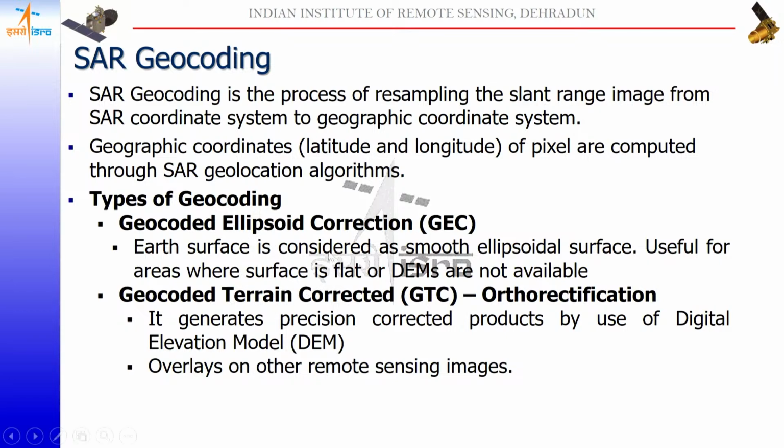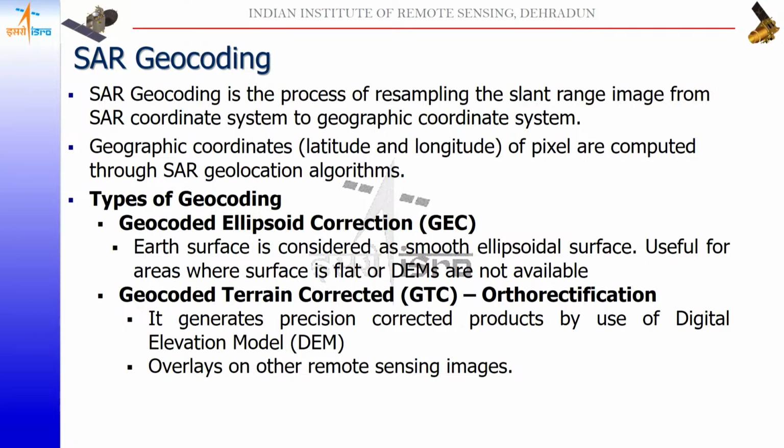Now, if the DEM is not available, then only we will consider the geocoded ellipsoid correction. Like if we have real-time systems where we want to see the real-time data, then we will skip that part and simply generate the products with the average height. Or if the DEM is not available, like in the case of a very deep sea, normally we can process the data with zero average height and generate the ellipsoid corrected product.